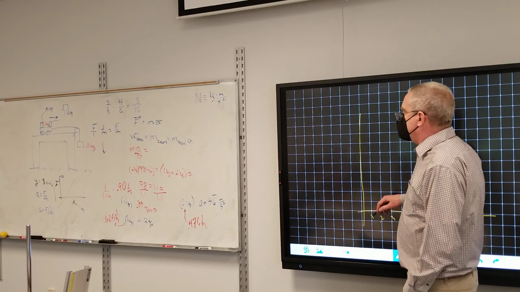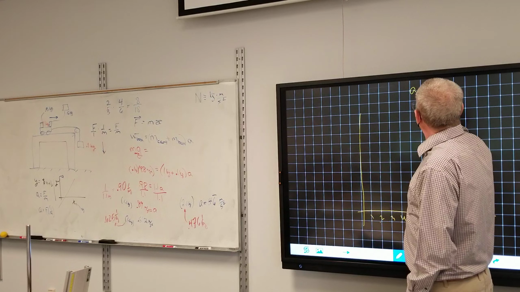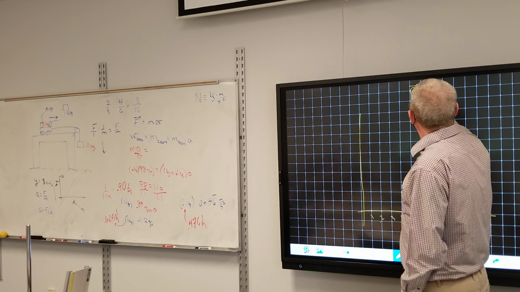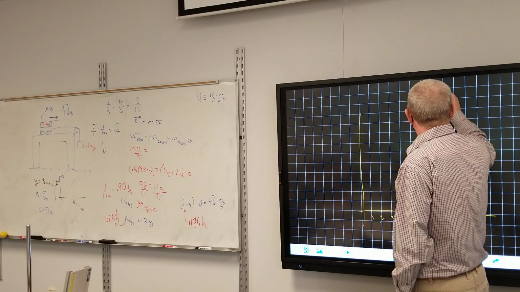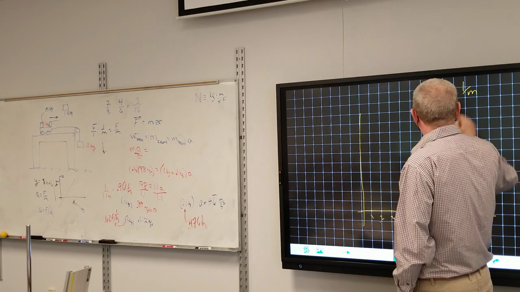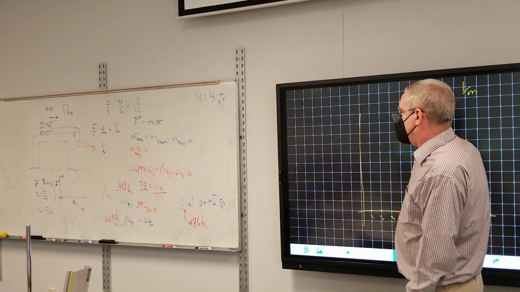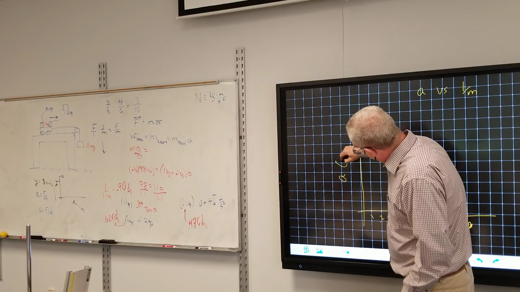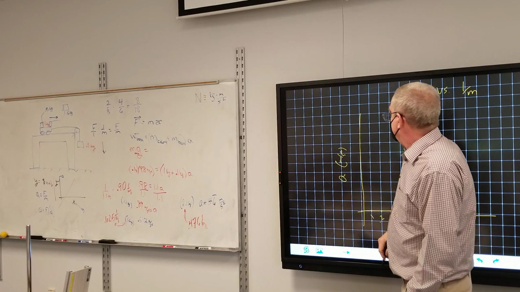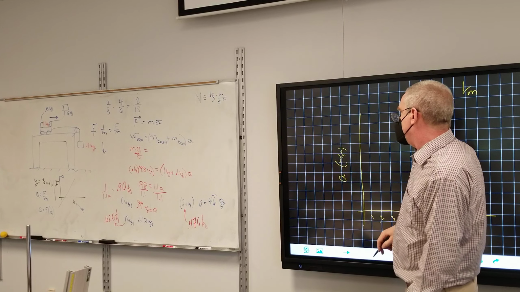And over here, this is acceleration versus 1 over mass, and this is my acceleration in meters per second squared.